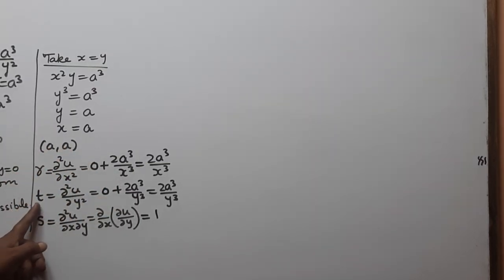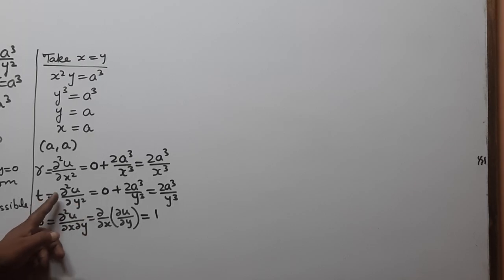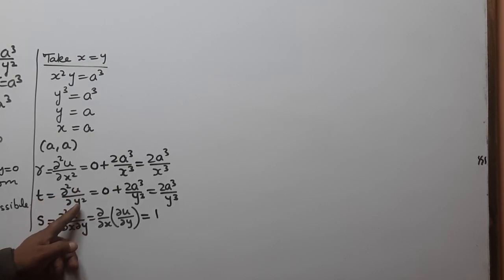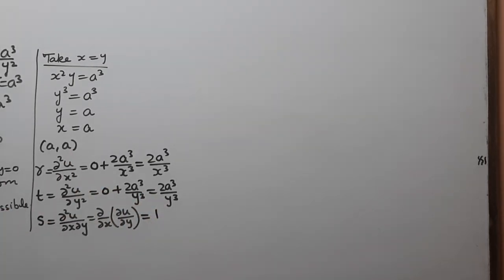Similarly, t is the second order partial derivative of u with respect to y, which is 2a cube upon y cube. When we differentiate del u upon del y partially with respect to x, we get s, which is 1.